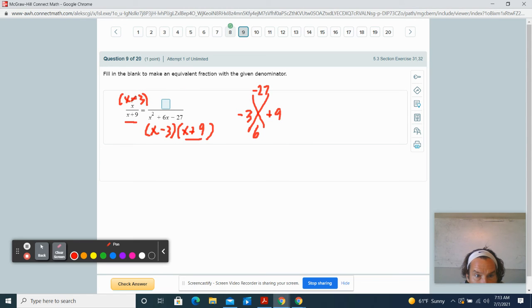So this has got to be x times x minus 3. So x times x minus 3 is x squared minus 3x. That's what goes in this box right here. Okay, so difference on number 9 is you actually had to do some factoring.